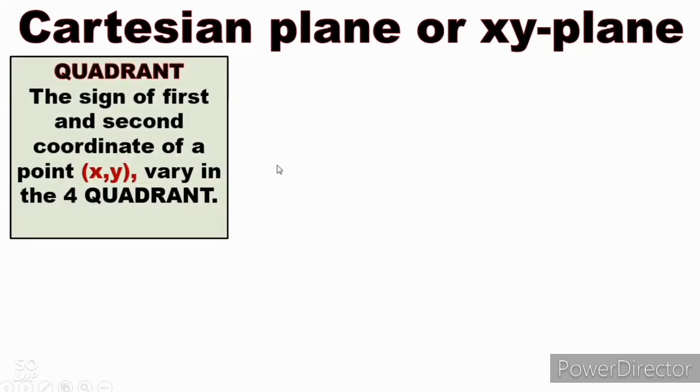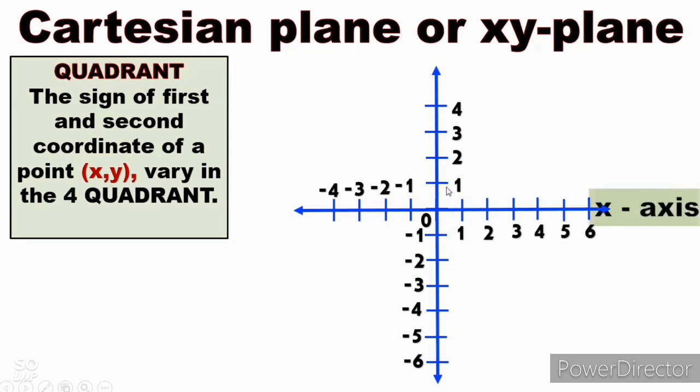Okay, next, ituturo ko rin sa inyo kung ano ang quadrant, para mas madaling mag-locate ng points. Quadrant: the sign of the first and second coordinate of a point x, y vary in the 4 quadrants. So, nakadepende ang sign ng mga points, depende kung saang quadrant siya nakalagay. Again, ito yung Cartesian plane natin. This part is Quadrant I or the first quadrant.